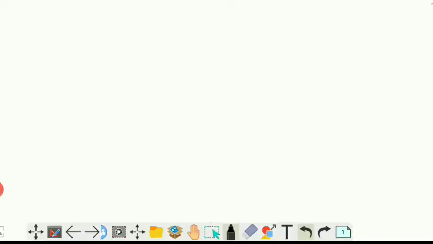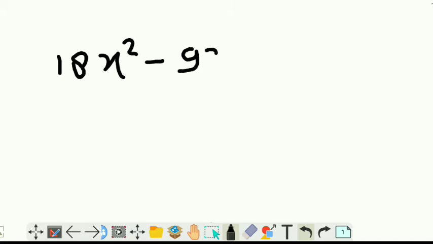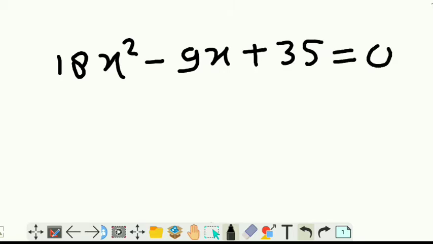Okay, so now we will see the factorization of a quadratic equation. How will we factorize the quadratic equation? It is given to you: 18x square minus 9x plus 35 is equal to 0, and we are going to factorize this equation.